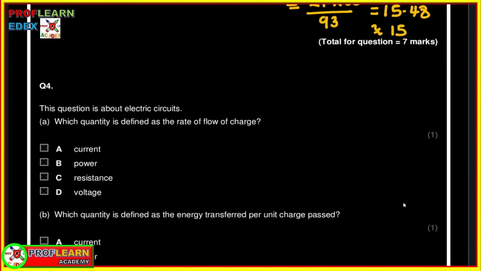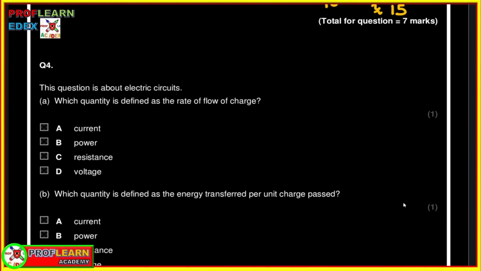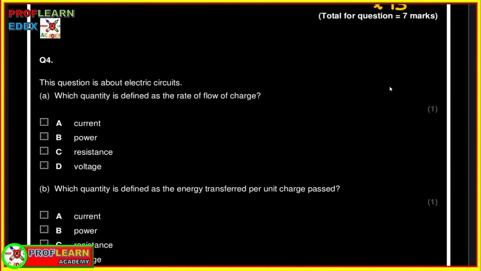Question number 4. This question is about electric circuits, where you are asked to state which quantity is defined as the rate of flow of charge. Actually, this is current. Because power is the rate at which energy is transferred, or the rate of doing work.